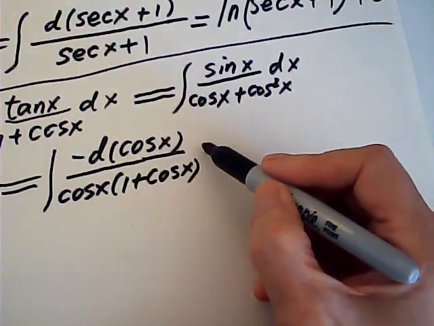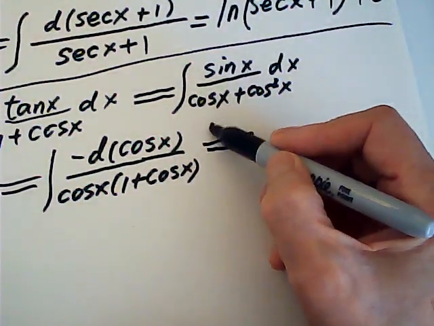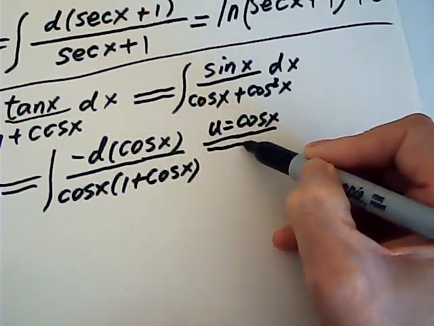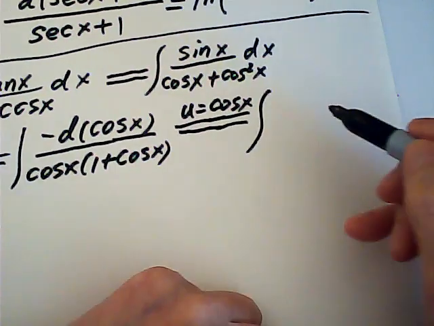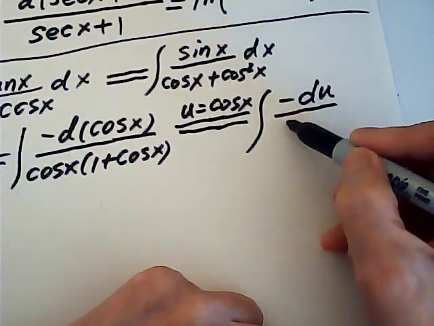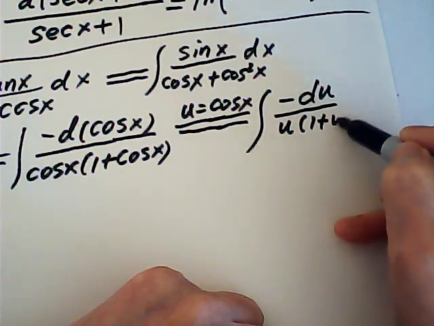Now obviously I can bring in a new variable u equal to cosine x. Then my integral is equal to negative du over u times 1 plus u.